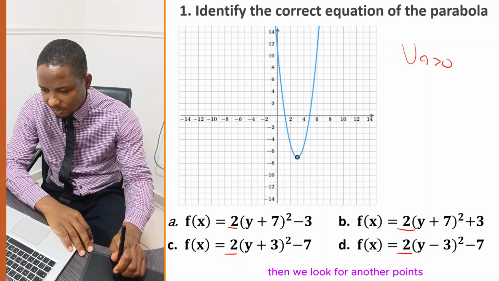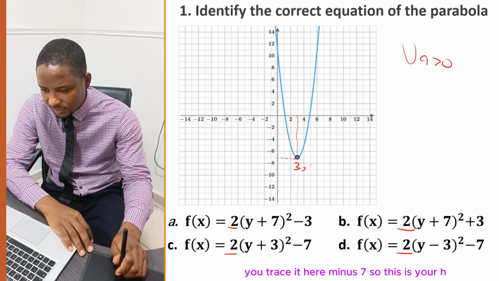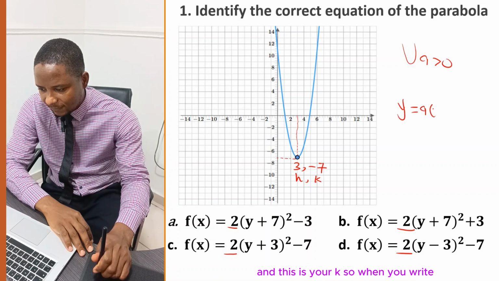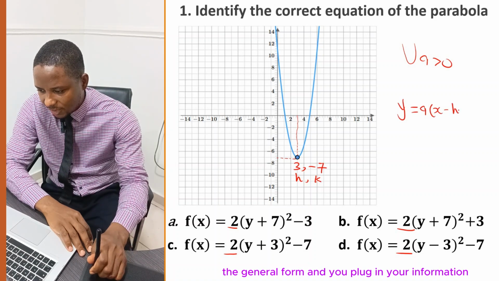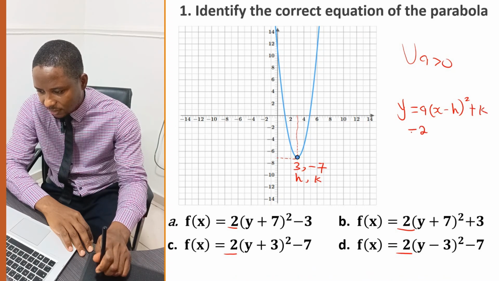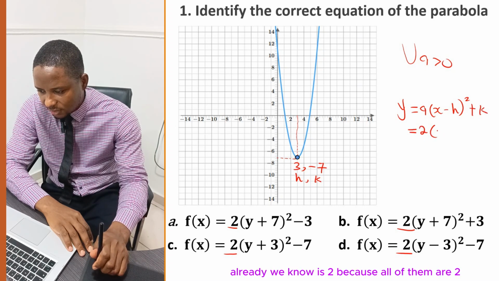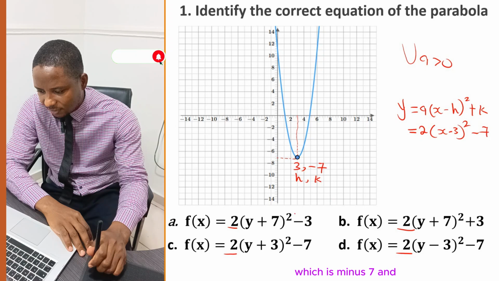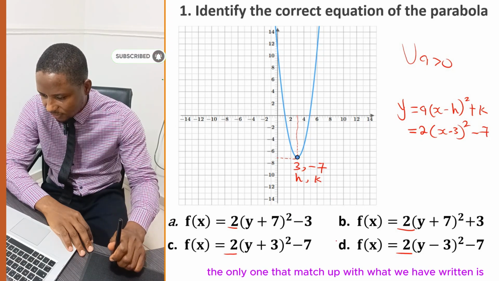Then we look for another point, which is the turning point. If you trace it up, it is at 3 comma, you trace it here, minus 7. So this is your h, this is your k. When you write the vertex form and plug in your information, we already know a is 2 because all of them have 2. So you have 2 times (x minus 3) all squared, then plus k, which is minus 7.